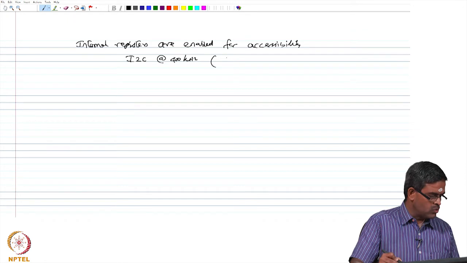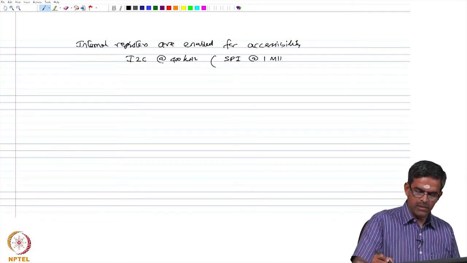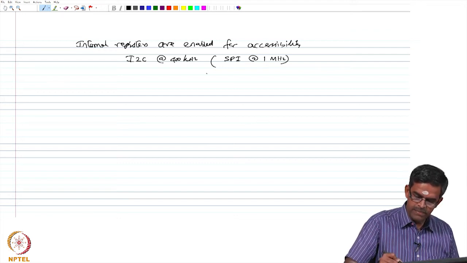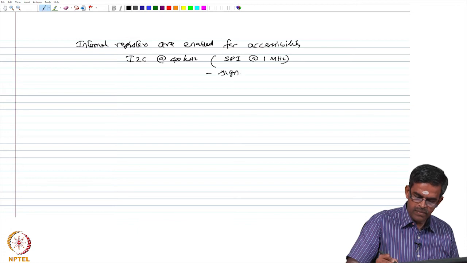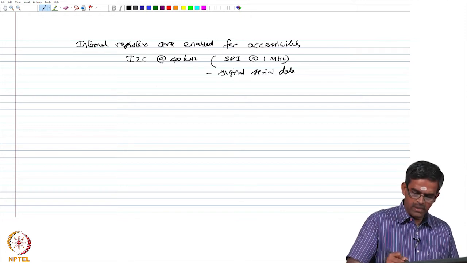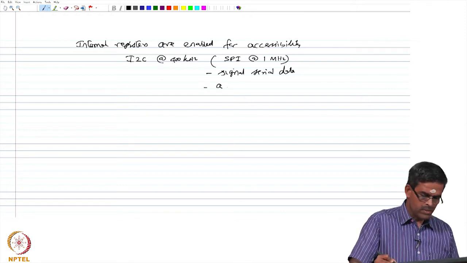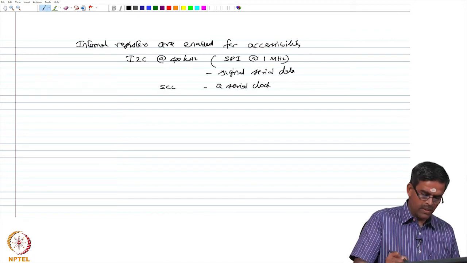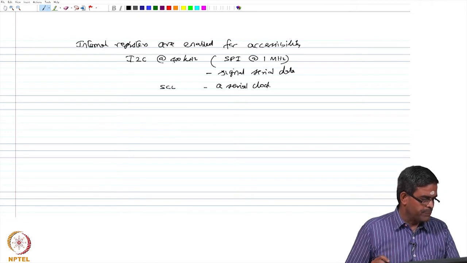Alternatively, one can also use an SPI at 1 megahertz, which is the serial data, and a serial clock. The present study uses SCL, okay, serial clock.